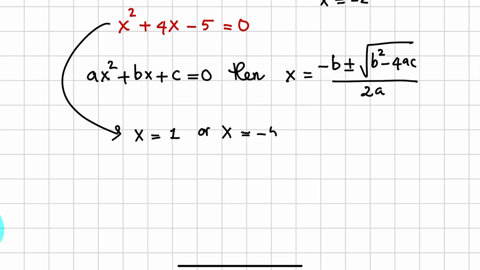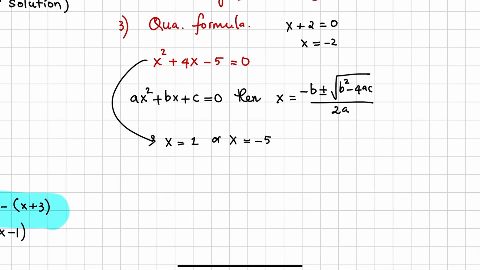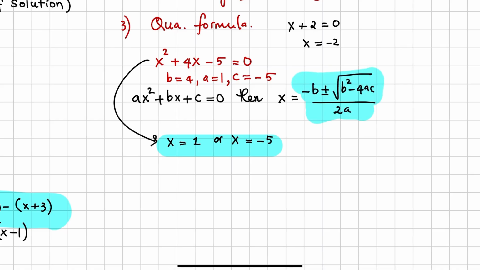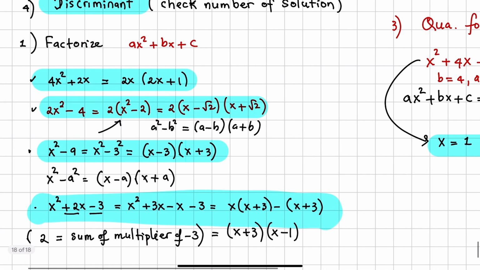You got this by plugging in: b is 4, a is 1, and c is negative 5. You can plug those in and find the answer, x equal 1 or x equal negative 5.